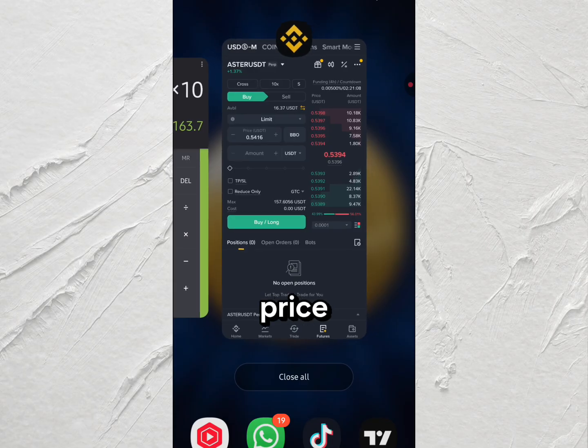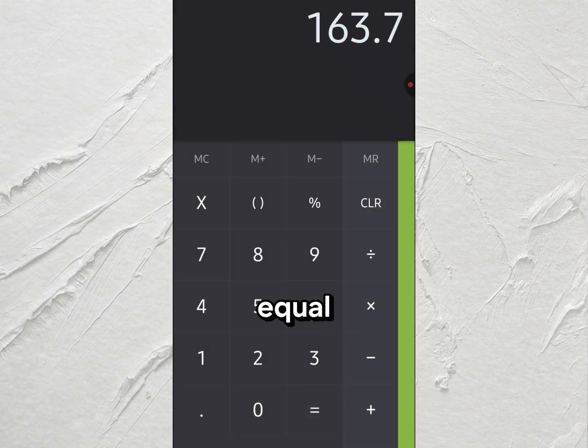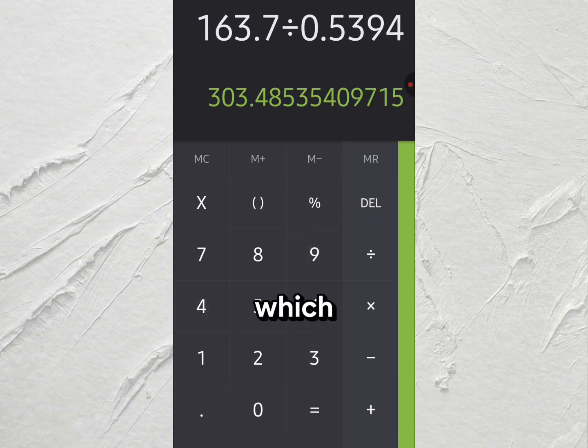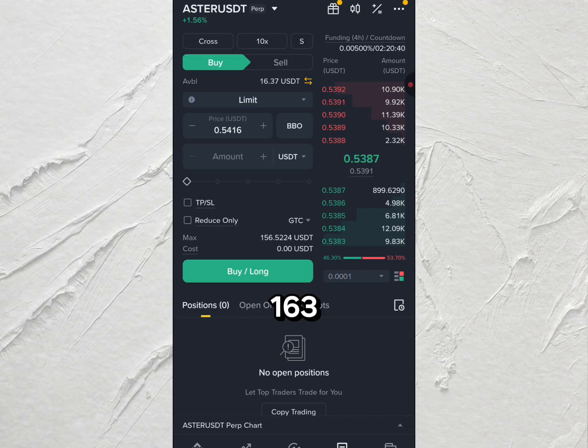So the ASTA price currently is 0.5394. So you divide it by 0.5394, which is going to give you about 303 ASTA. So 303 ASTA is equivalent to about $163.